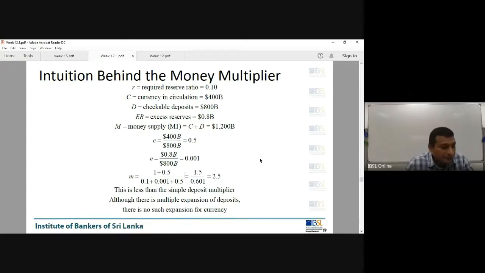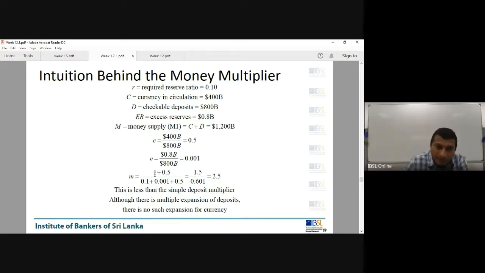Okay, simply because deposits have multiple deposit creation ability, but there is no such expansion for currency, right? When the currency ratio increases, from 0.5 we derived here, say if this is 500 over 800, this will be much higher, right? So then you find the multiplier gets smaller. When c goes up here, it also increases here.